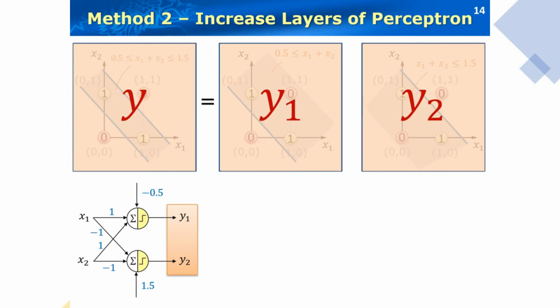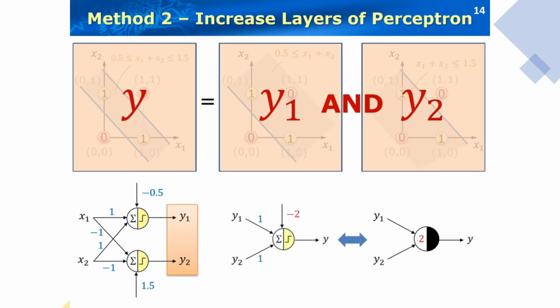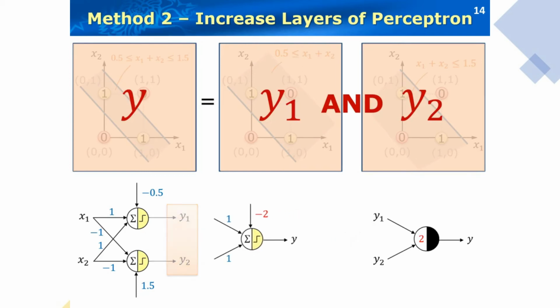From the previous session, we learned that the truth table of y1 and y2 is the following, whose threshold is 2. This is equivalent to the following perceptron representation, whose bias value is -2 and all the weights are 1s. Therefore, let's merge this AND perceptron with the previous neural net, which produces the following result.